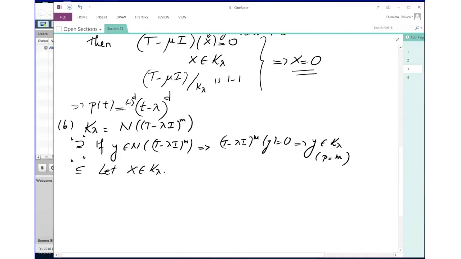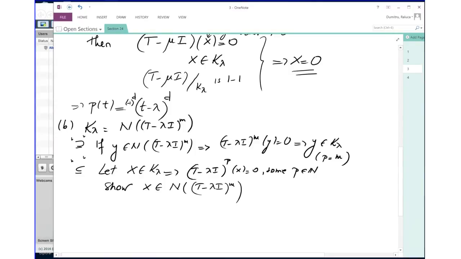Next, X in K lambda, which in particular means that (T minus lambda identity) to some positive integer power P of X is 0. But we want to show that X belongs to the null space of (T minus lambda identity) to the M, M being the multiplicity of lambda.